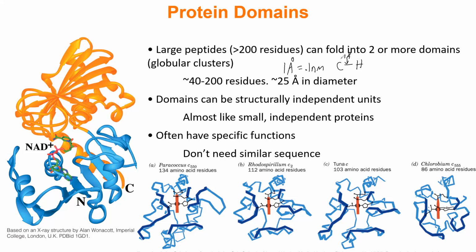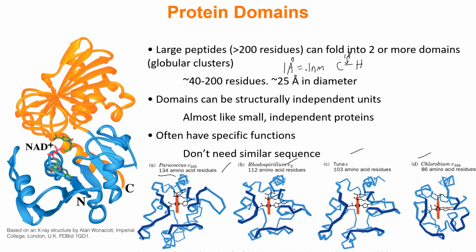And the cool thing about domains is when you look at different proteins, it's not necessary for the domains to have the same sequence to do the same reaction. All that matters is that they look similar to each other. So here are 4 domains that are all doing the same thing.